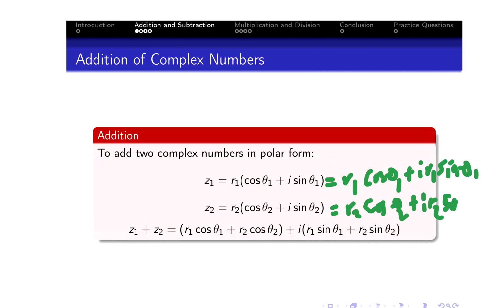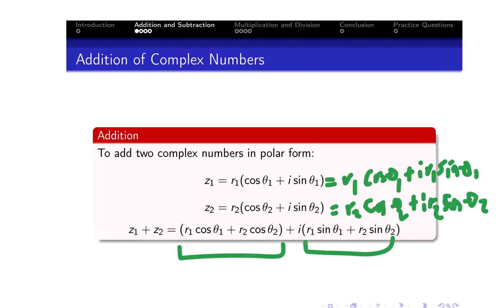As you already know from adding in rectangular form, you just add real to real and complex to complex. So you have R1 cos theta 1 plus R2 cos theta 2, and then R1 sin theta 1 plus R2 sin theta 2. That's basically how the addition goes for complex numbers.